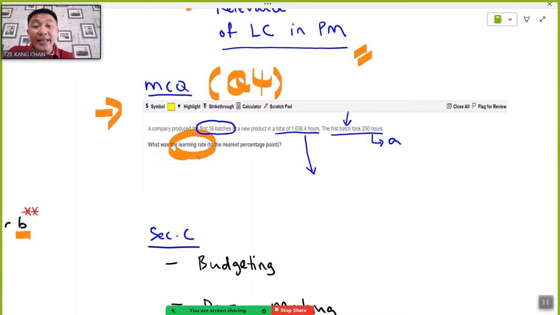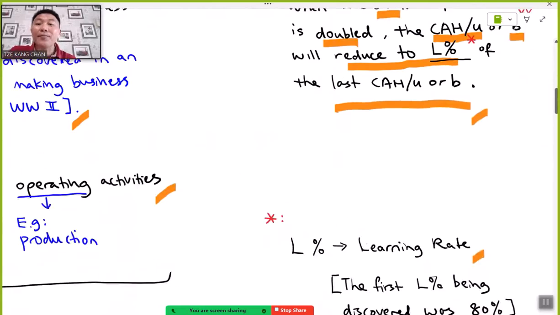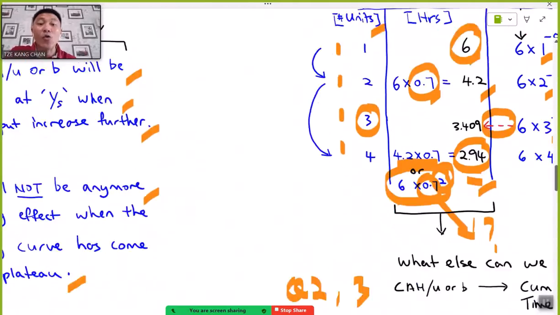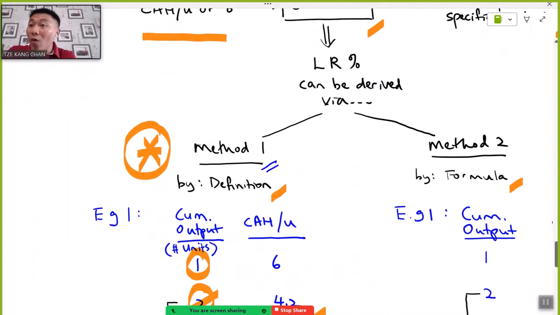This is clearly the cumulative time or hours for 16 batches of output. Guys, with the cumulative output, cumulative hours, and the A, just apply the approach that we discussed in question 4. Using method 1, you will be able to derive the learning rate.